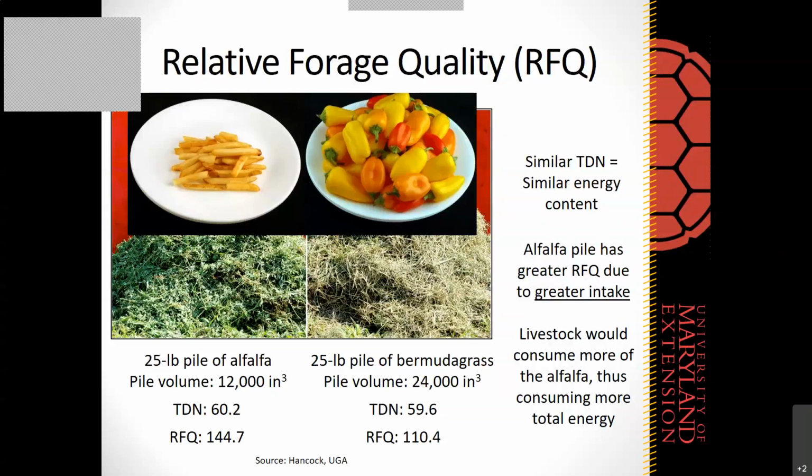But the amount of French fries you have to eat to get that energy, or those calories, is a lot smaller than the amount of peppers you would have to consume to get the same amount of energy. I don't know about you all, but I would much more easily be able to consume this small plate of French fries than that whole plate of peppers. So it's a way to combine all of these factors into one term and use that to compare our different forages.